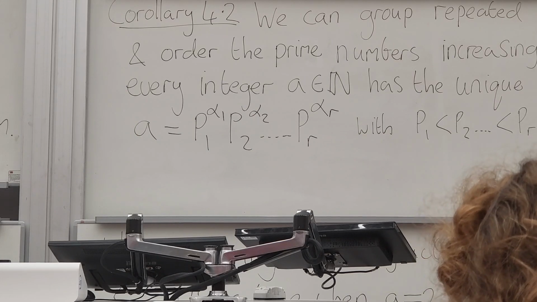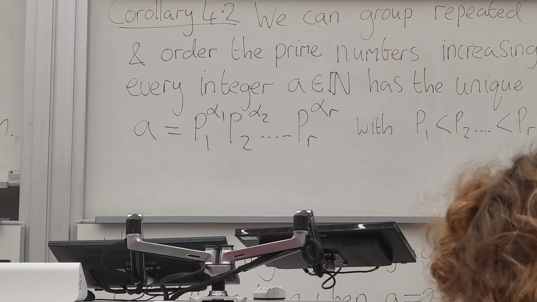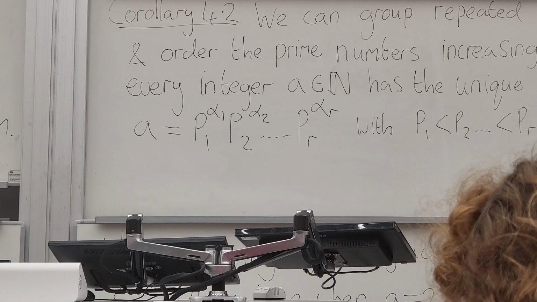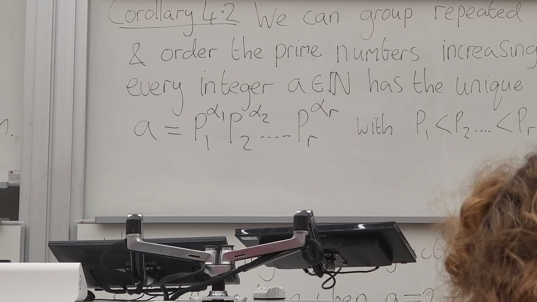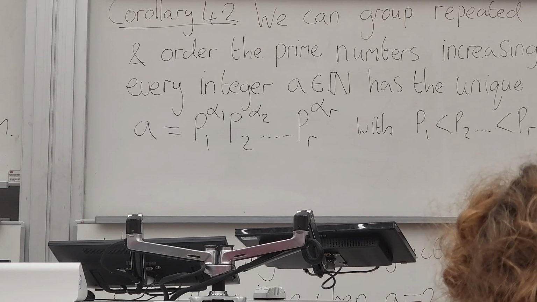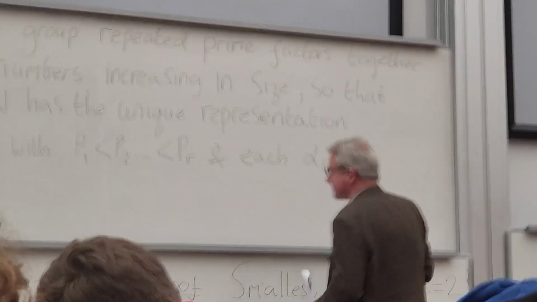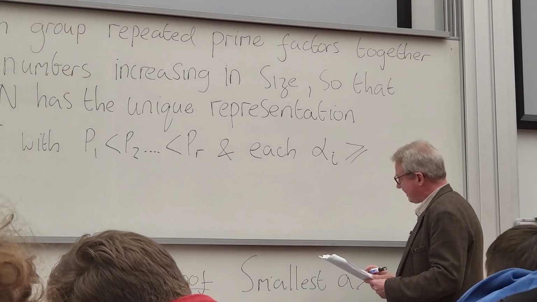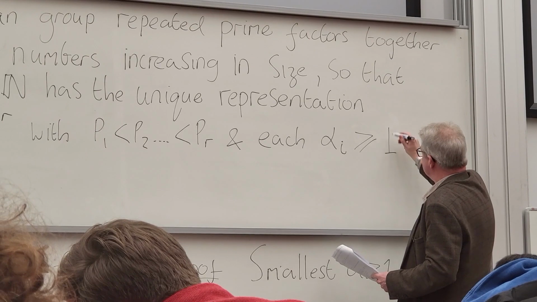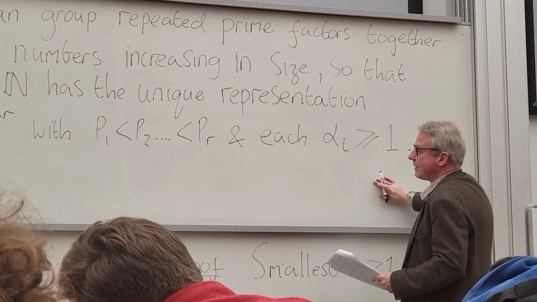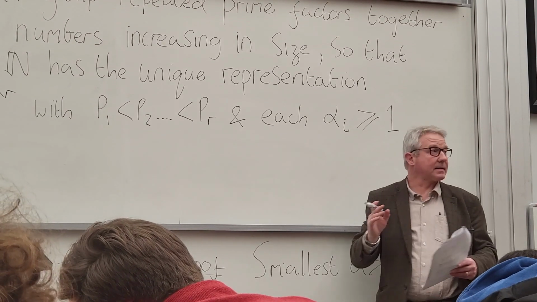And each alpha I, now this is one way of doing it. You can say greater than or equal to 1, or greater than 0, as it says in the notes.